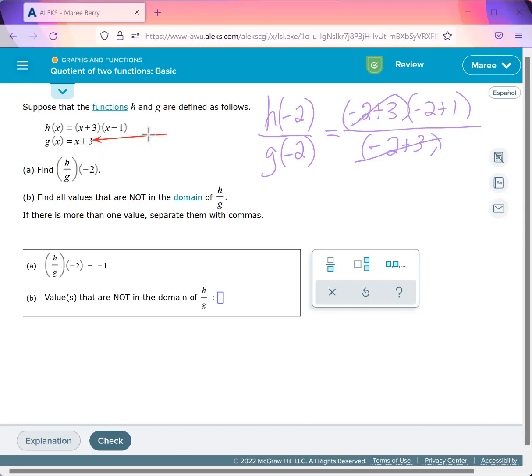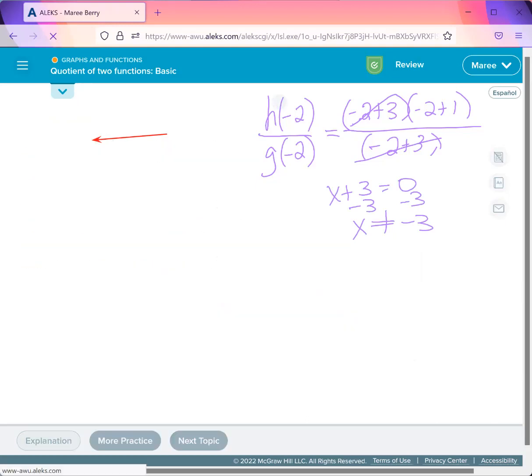So when x is -3, that denominator will equal 0. So x cannot be -3, and that's what we'll type in here, a -3.